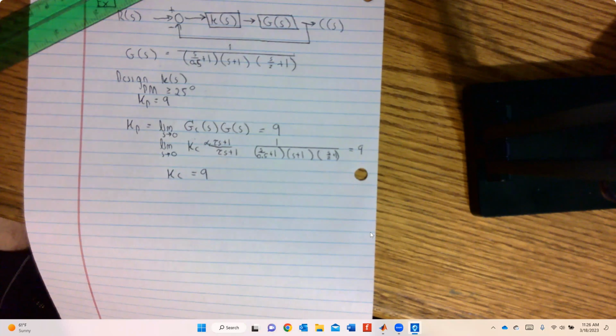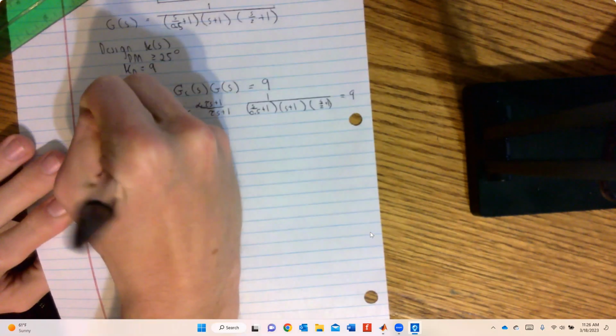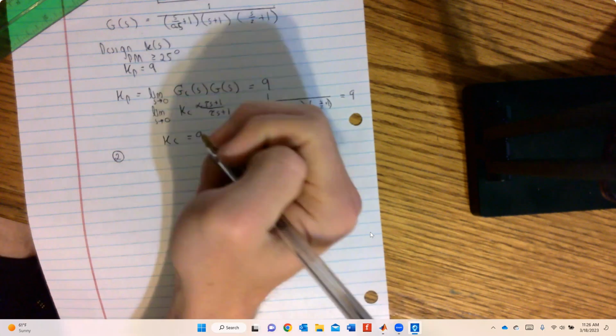So what we need to do here is evaluate the system. We're going to evaluate specifically the phase margin of the uncompensated system.